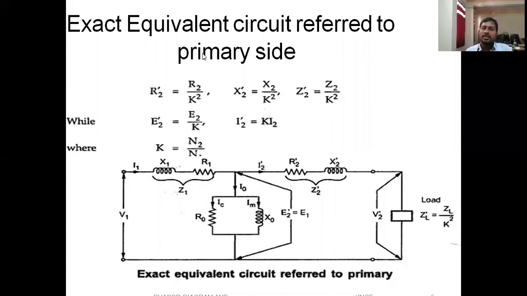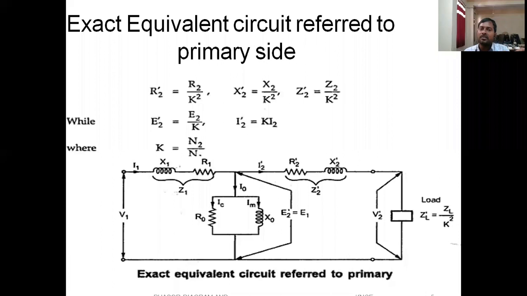So this is the exact equivalent circuit referred to primary. I already discussed it previously. If you want to transfer the total secondary parameters to primary and primary to secondary, then transferring the total secondary parameters to primary is called the equivalent circuit referred to primary.